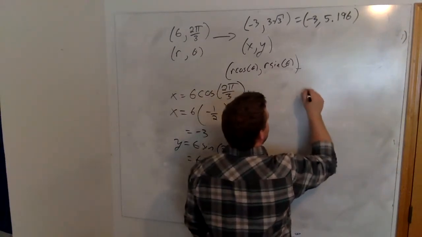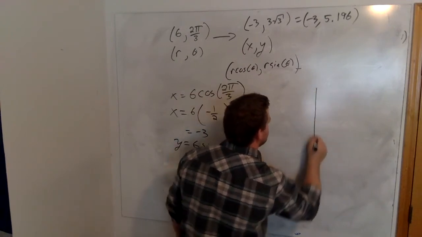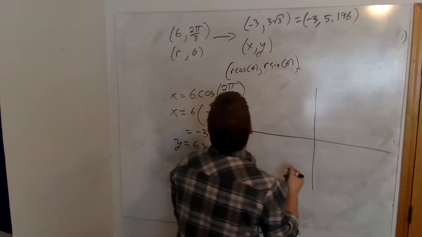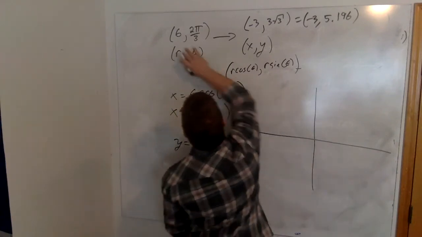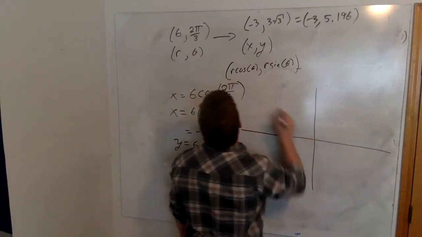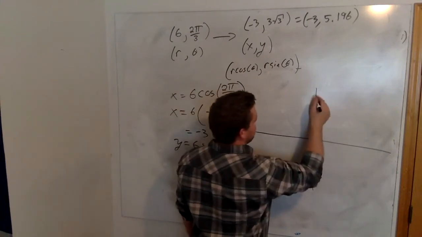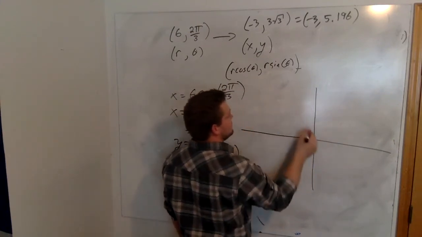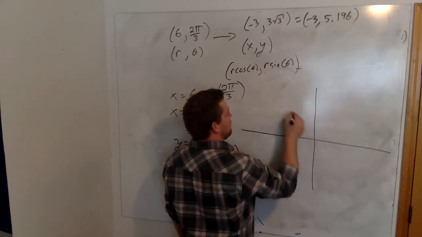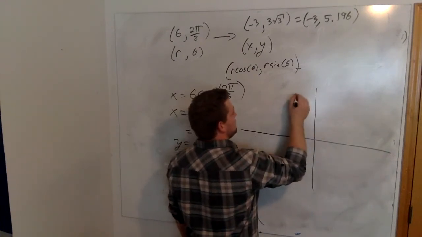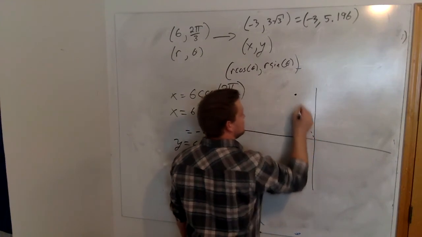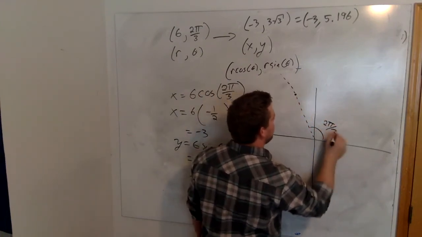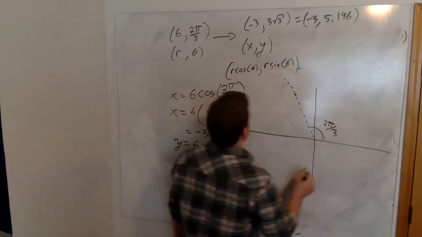Okay, let's do a sketch. It's hand-drawn, so it won't be perfect. We need a radius of 6 and an angle of 2 pi over 3. I'm going to estimate 2 pi over 3. Let's see, this is 3 pi over 4. Maybe roughly right here. This is going to be roughly an angle of 2 pi over 3, and we need to go out 6 units.